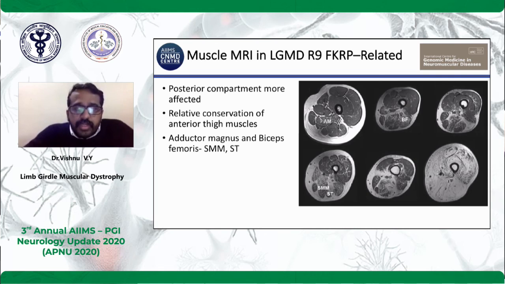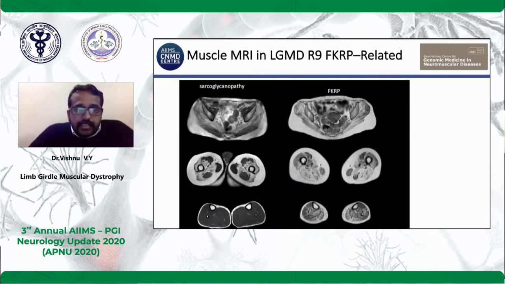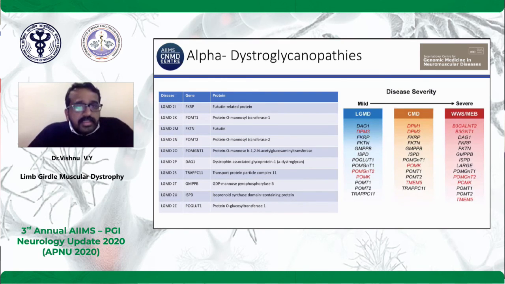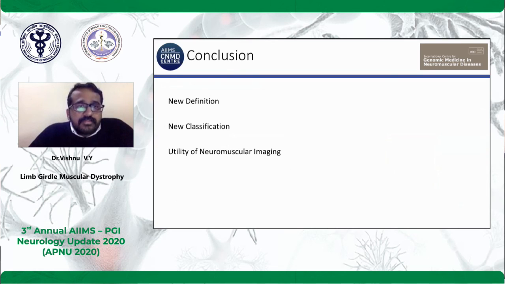My point is that neuromuscular imaging will definitely help as an extension of the clinical examination. Severe FKRP can mimic a dystrophinopathy or a sarcoglycanopathy. If the lower leg is affected, it is not sarcoglycanopathy, where the lower legs are spared. I'm not going into alpha dystroglycanopathy any more because I want to finish on time.